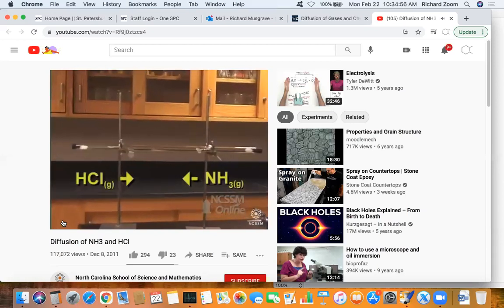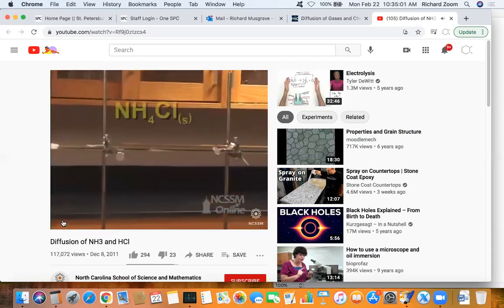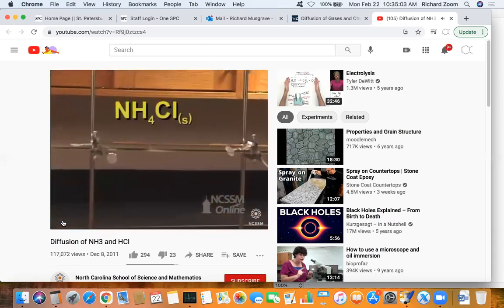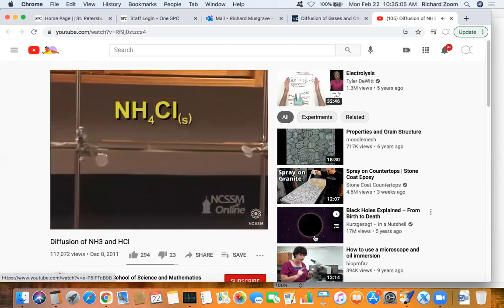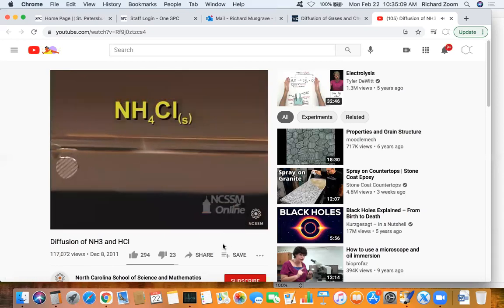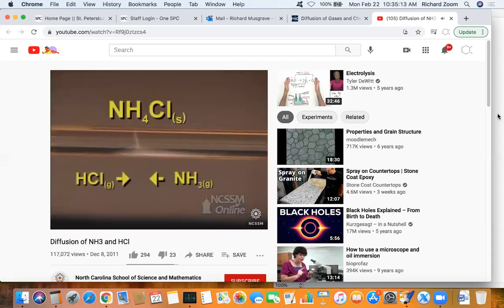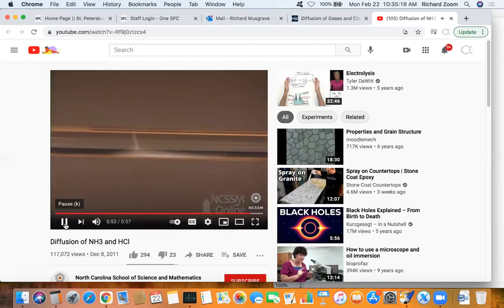When the gases come together, they react to form solid ammonium chloride, which forms a white solid in the tube. We see that the white solid is closer to the HCl side than the ammonia side. This is because the ammonia has a lower molar mass and diffuses faster than the HCl.